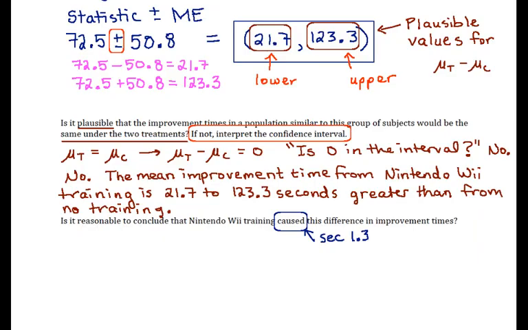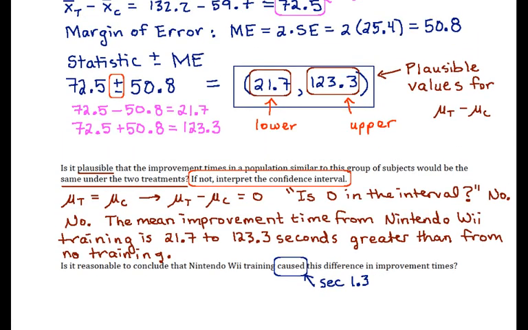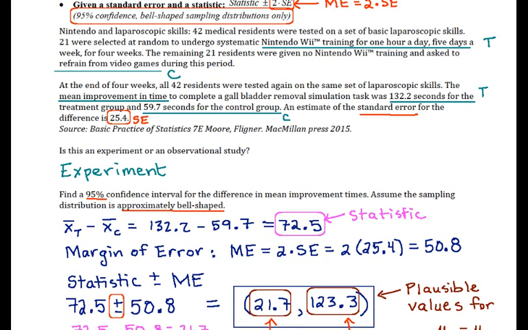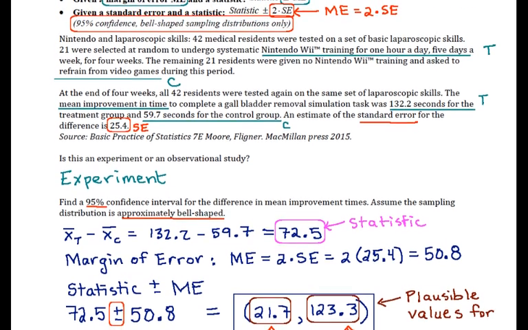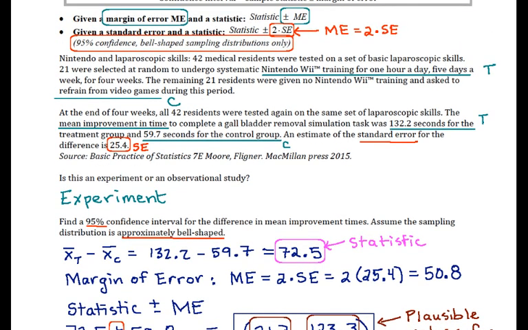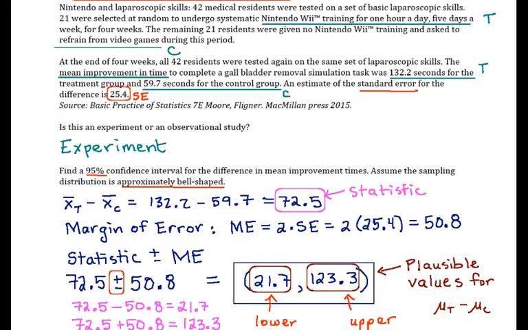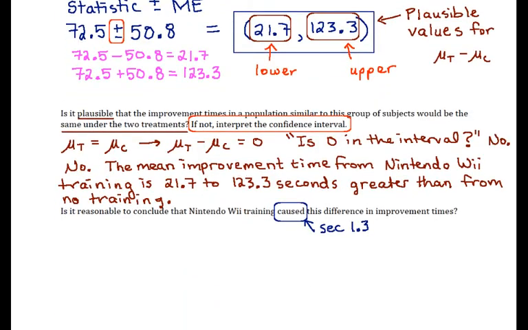But in this case, our explanatory variable is randomly assigned, because if we go back up to the description of the study, we see that the medical residents, all 42, were randomly assigned to undergo Nintendo Wii training or no Nintendo Wii training. So because the explanatory variable was randomly assigned, we can answer yes to this.